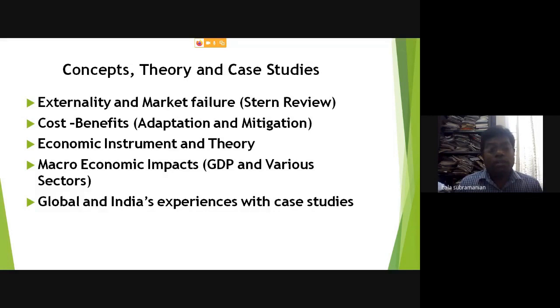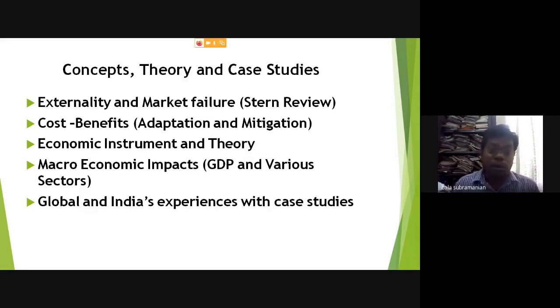So externality and market failure is the basic theoretical foundation, even Nicholas Stern took it in his presentations. So here, the first concept is externality and market failure. The second economic aspect is cost-benefit analysis, as you know very well. For each and every policy, cost and benefit aspects are very important.